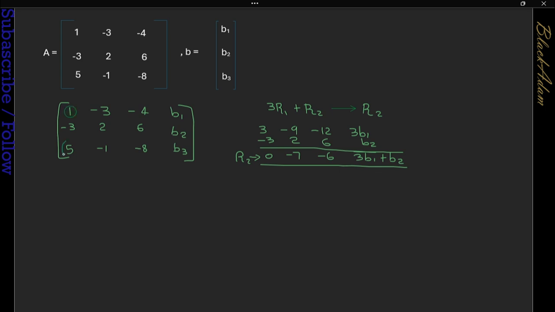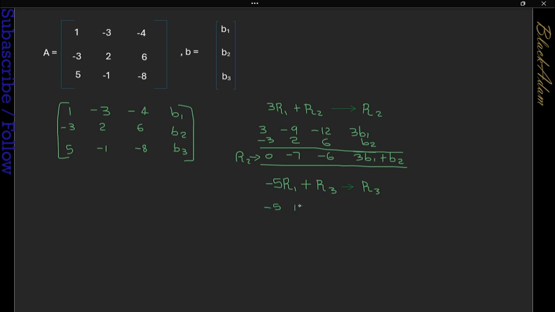And for the third row, you can see the leading is 1 and 5, so we multiply the first row by -5. It's supposed to be negative, so multiply the first row by -5, then add row 1 plus row 3. All of that is going to be row 3, so we keep row 1 constant.